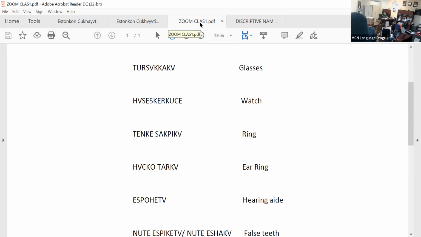To make it a word, we have to say duth sakaga. Sakaga means it sets on the eye. So those are glasses, but your base word right there is duthwa.